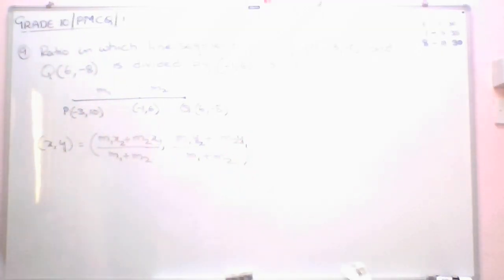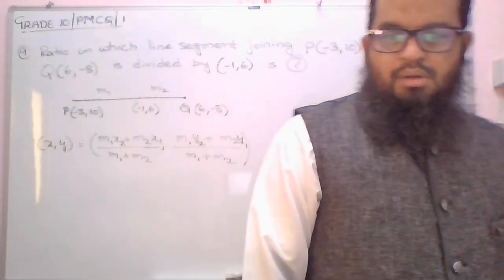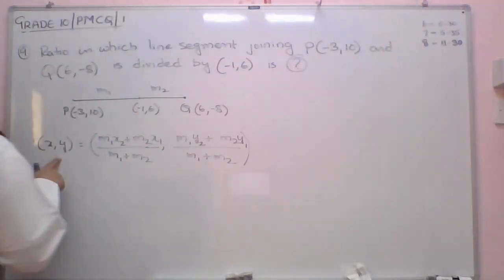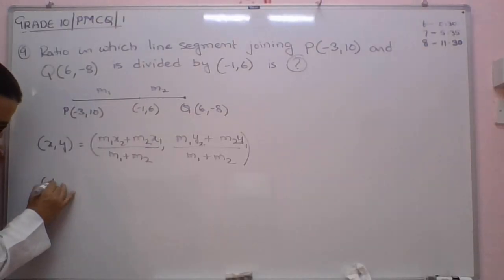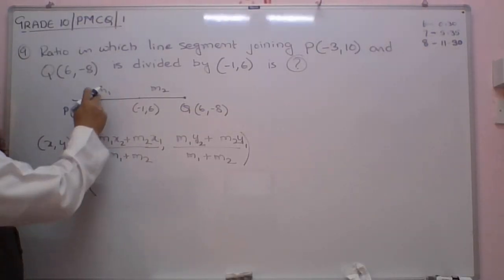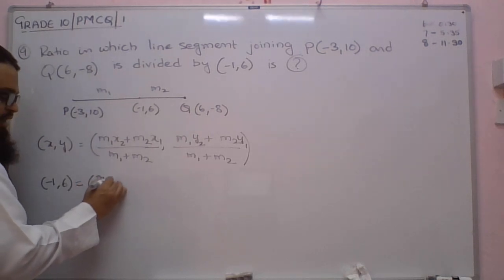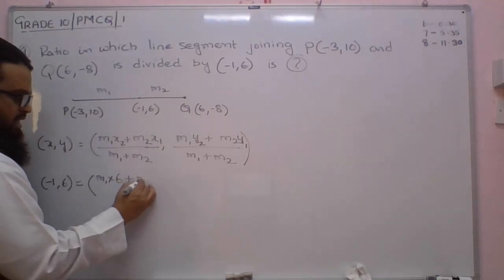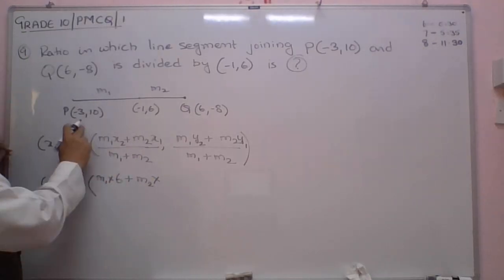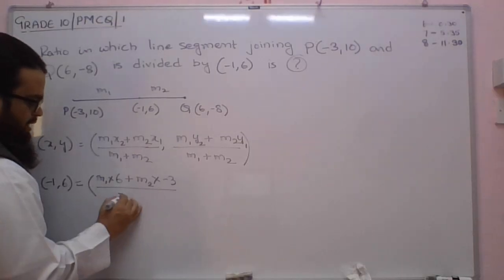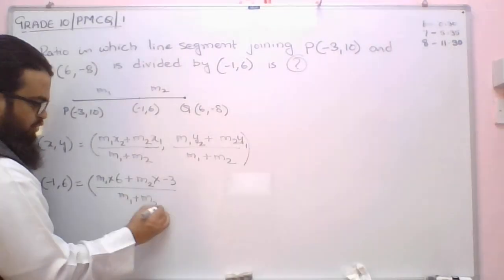Now let us see how it works. Since (x, y) is already given, (-1, 6) is equal to m1 into x2, x2 is 6, plus m2 into x1, x1 is -3, divided by m1 plus m2.